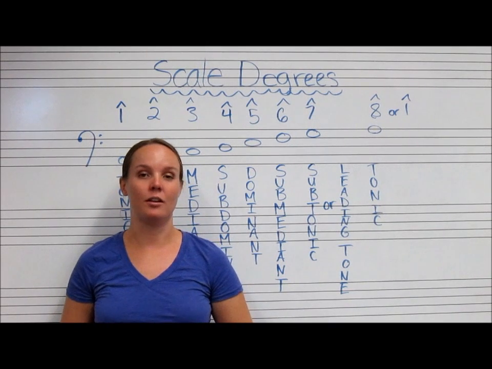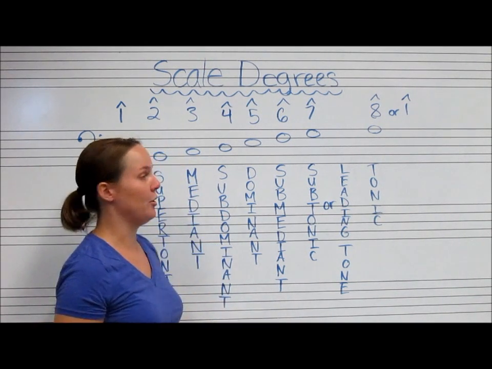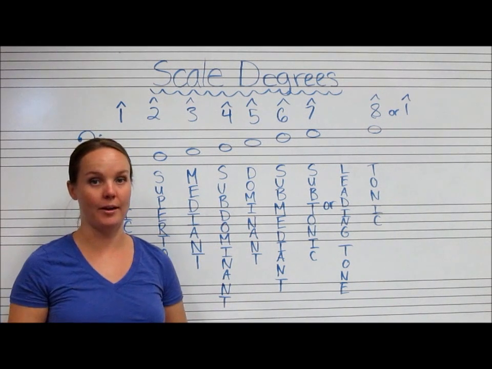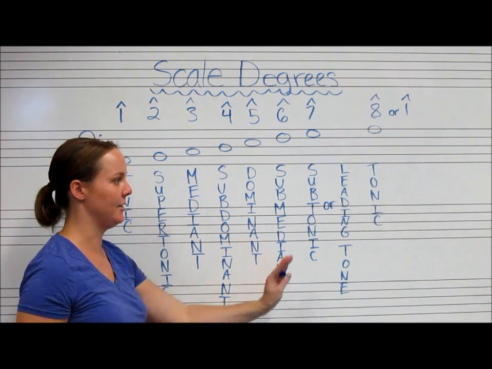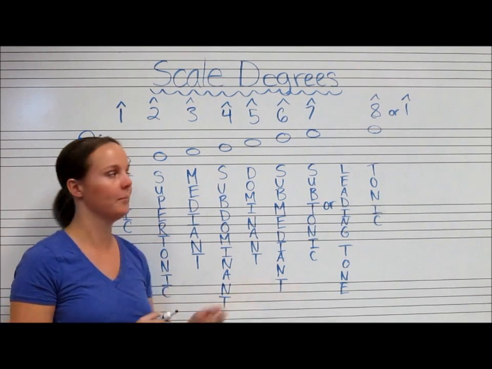Alright, so you can use your knowledge of scale degrees to more easily and efficiently draw your minor scales correctly with the correct accidentals. So we're using A natural minor because that one so far has no accidentals in it, and we're going to add some to make it harmonic or melodic.